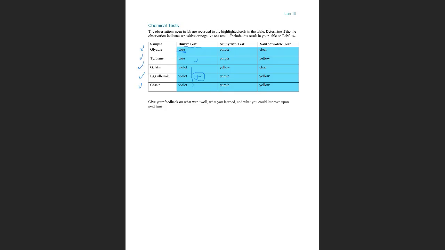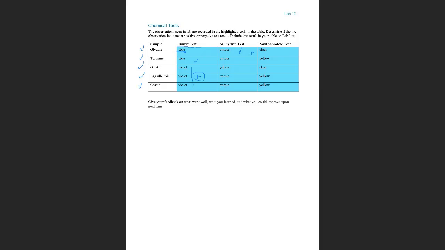And then let's look at the next test, the ninhydrin test. What did we say? Purple is a positive test. When it changed from clear to purple, that means we are in the presence of primary amines or amino acids that have a hydrogen atom on the alpha carbon attached to the nitrogen.